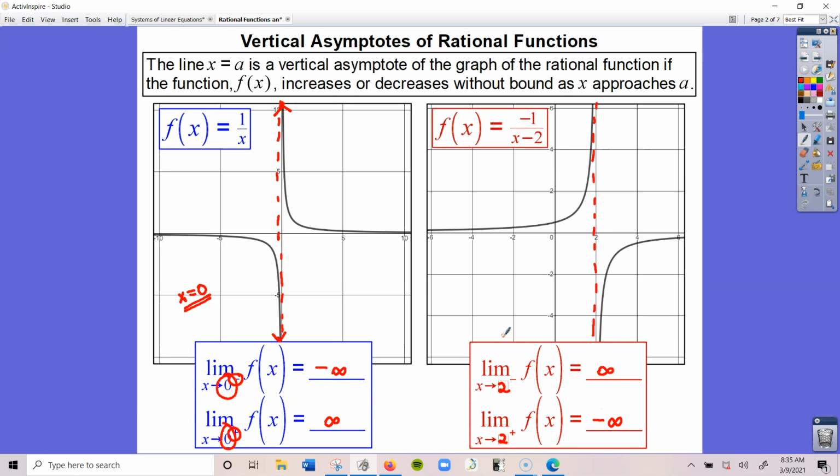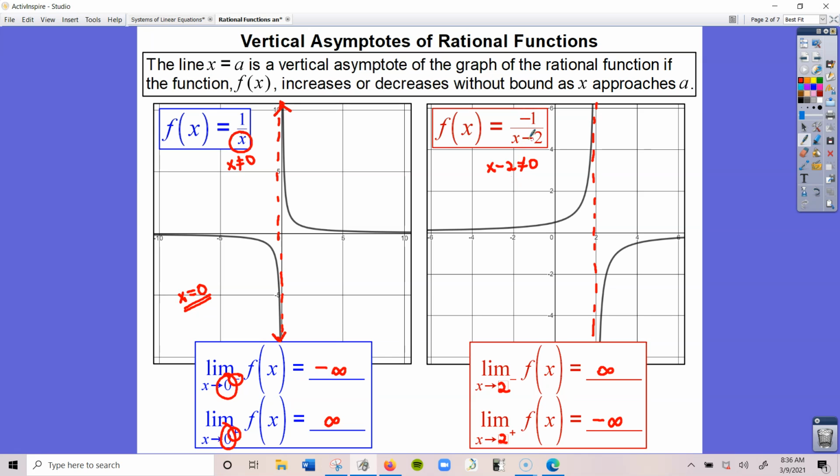So the proof of a vertical asymptote is these limit statements: as x is approaching either from the left or from the right, you get an answer of infinity or negative infinity, because the graph does not go through it. And you'll notice here that if you set the denominator not equal to 0, that's where you have the vertical asymptote.